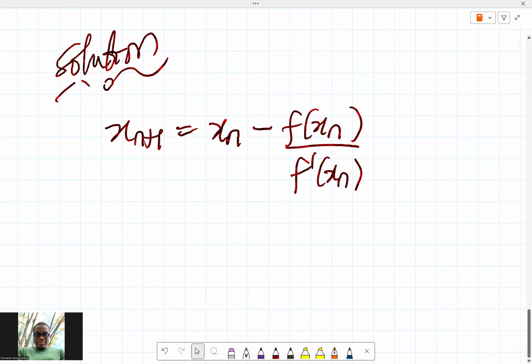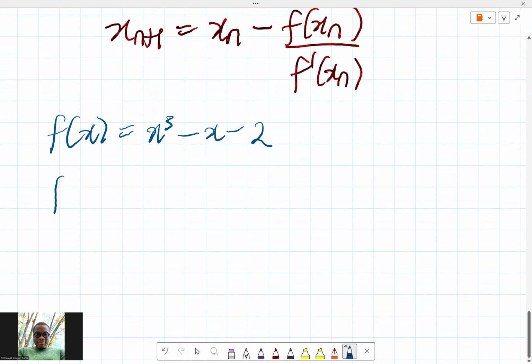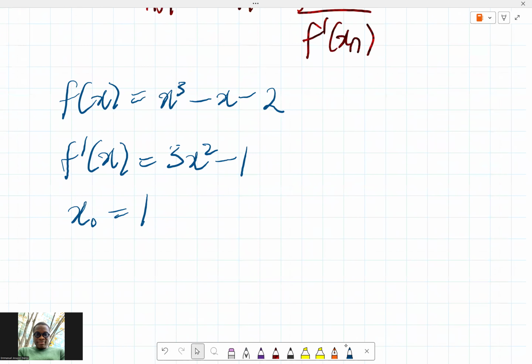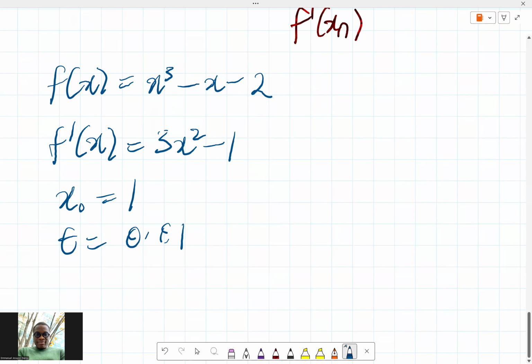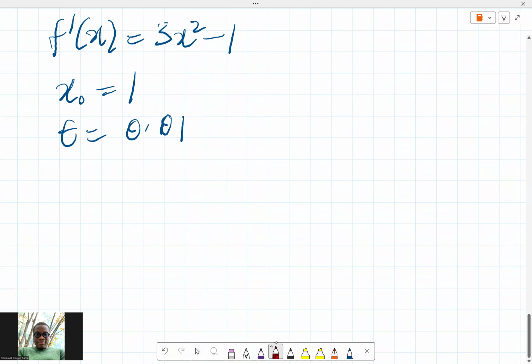We have f of x equals x cubed minus x minus 2. Differentiating, f prime of x is equal to 3x squared minus 1. We have the initial guess x naught equal to 1, and the tolerance limit 0.01. These are the resources we have to work with, so can we start the iteration?